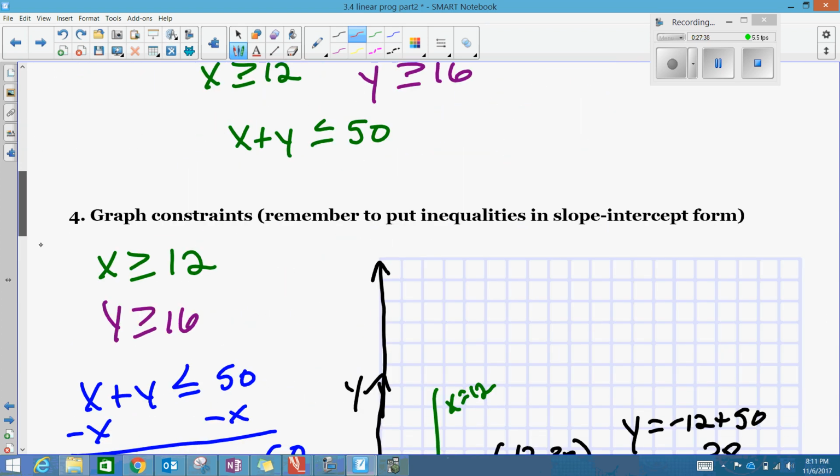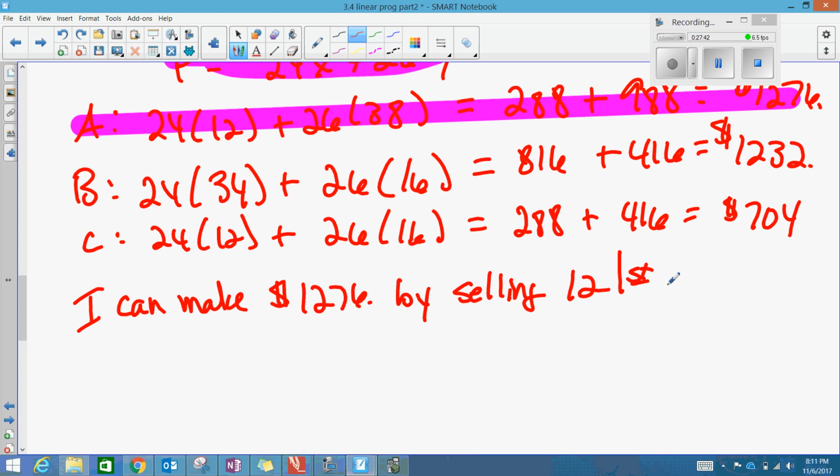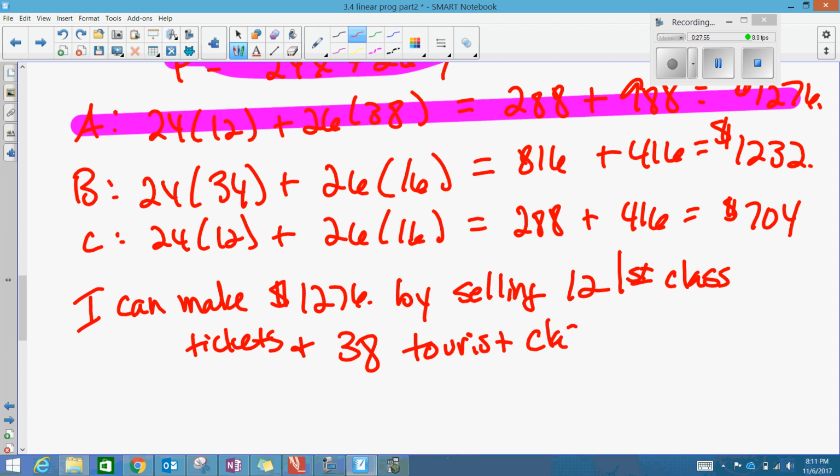X is first class, so 12 first class tickets, and 38 tourist class tickets, to maximize profits.